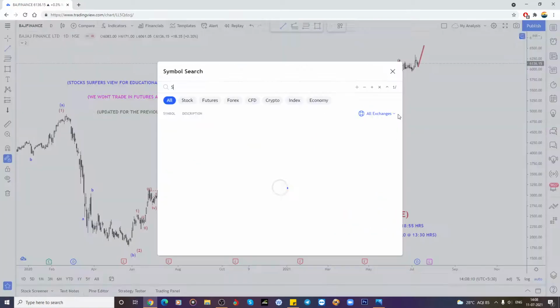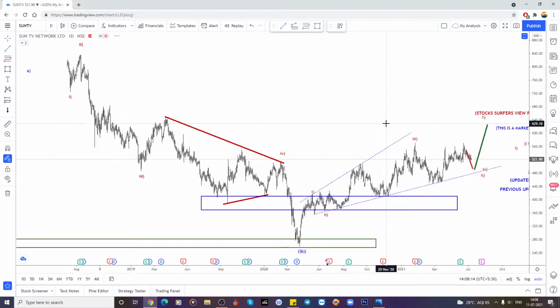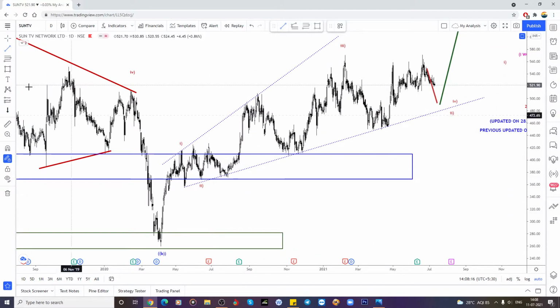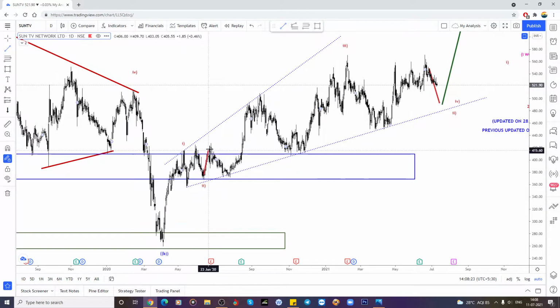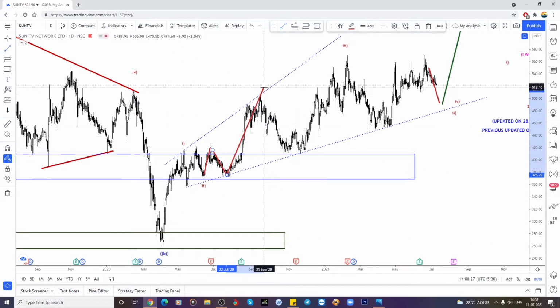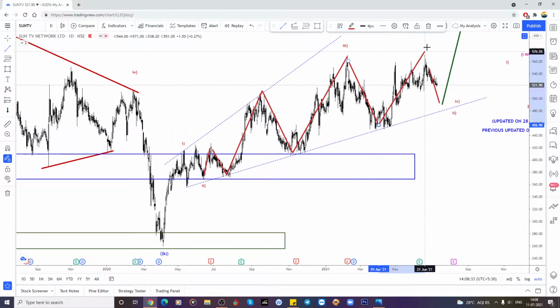And the next is Sun TV. Sun TV also, here I took this as a 1 and a 2 as an irregular flag. So from here I was looking at 1 2 3 4 and 5, which means this could be a 3rd. So we are in the 4th wave.